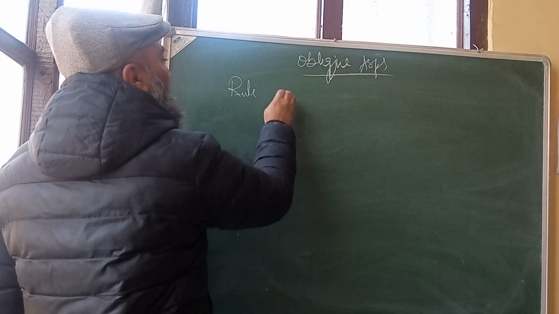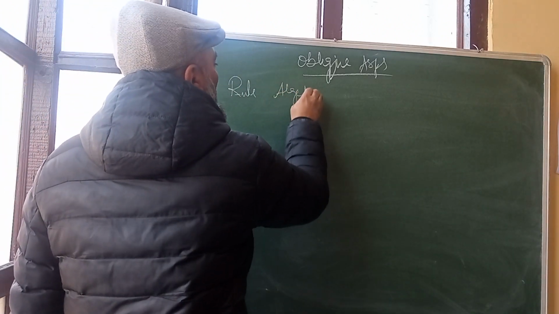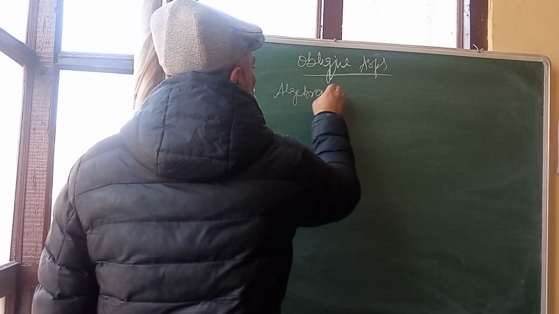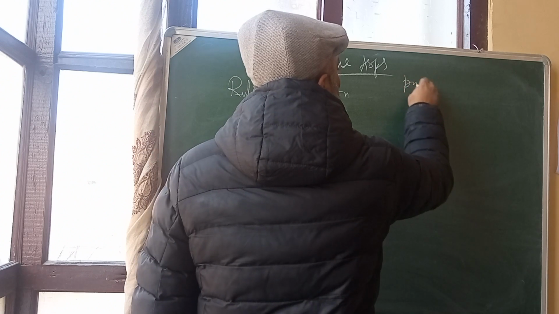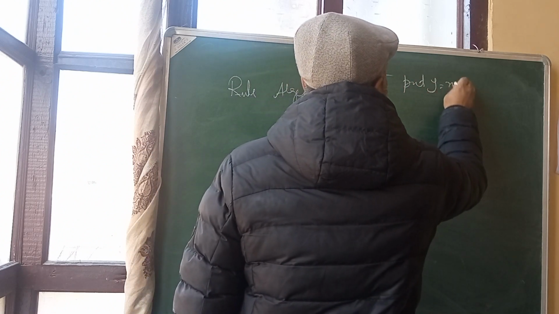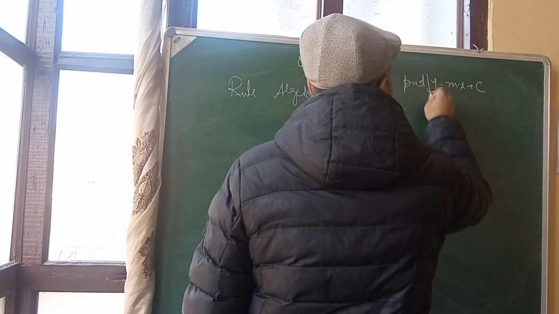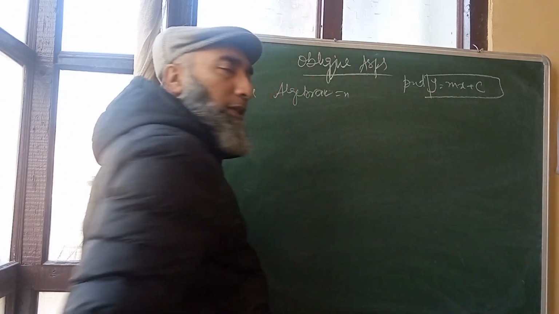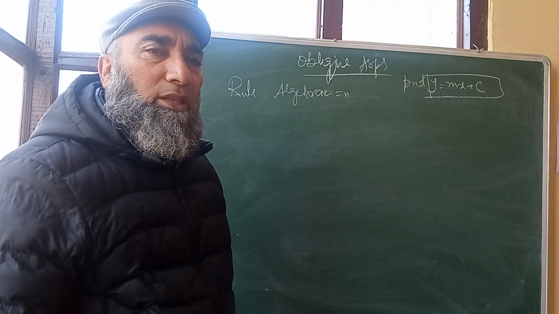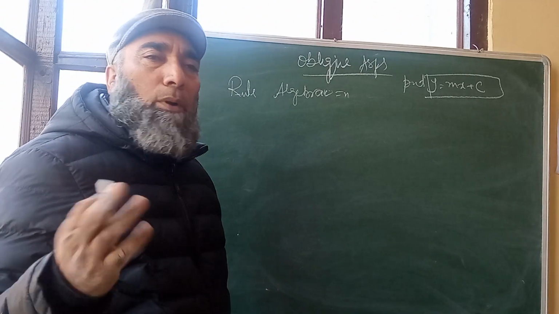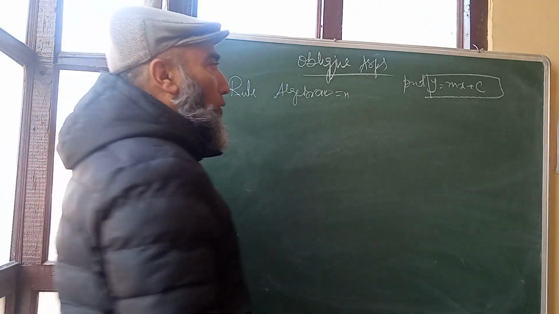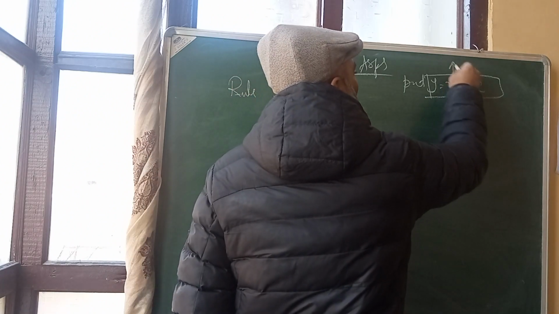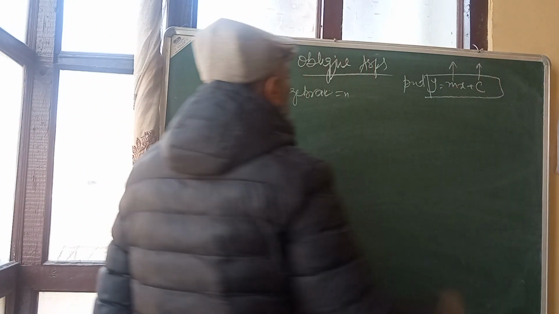You have an algebraic equation. Let me suppose that y equal to mx plus c is an asymptote. What type of asymptote? I don't know. It may be parallel also, it may be oblique also. So I have to find two things, this slope m and this intercept c.